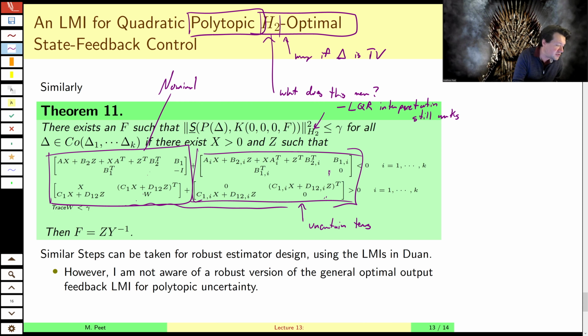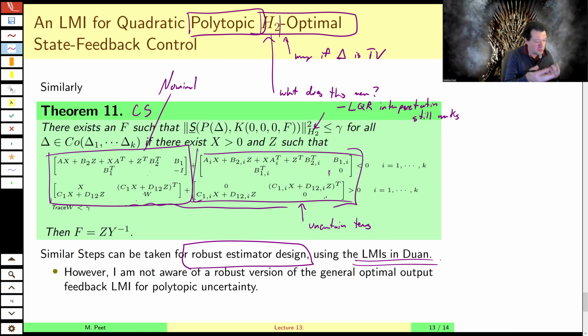So this is controller synthesis. We can also do optimal estimator synthesis. If you go to the book, the LMI is given in Dwan and Lee. It's so straightforwardly similar to the controller synthesis case that I just didn't bother writing it down on another slide.